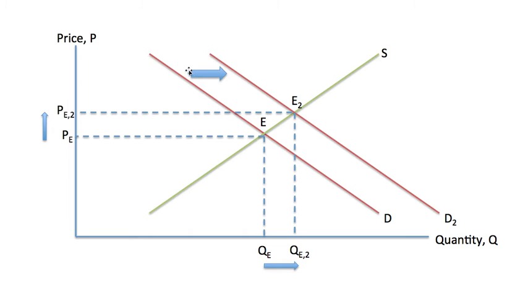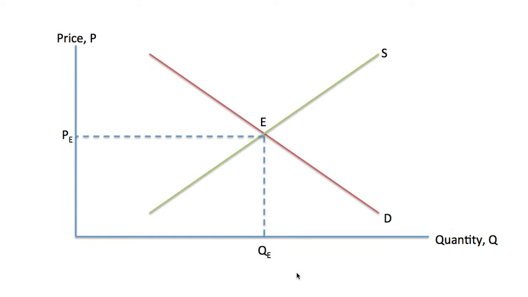And what you notice is that when the demand increased, basically with the new point of equilibrium, the product price increased as well as the quantity increased. Okay, if we take the opposite example and we look at a decrease in the demand, so a decrease of the demand is basically a shift to the left of the demand curve.